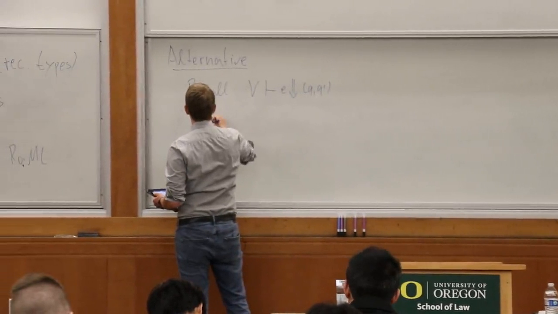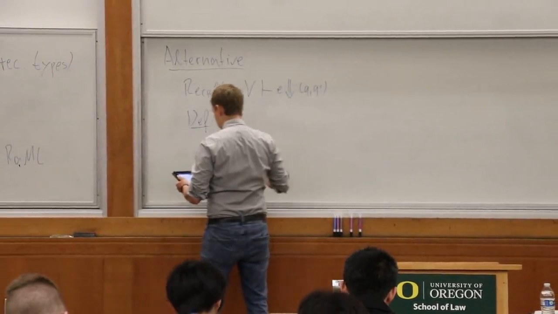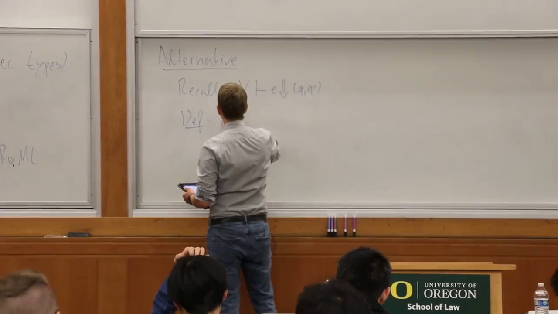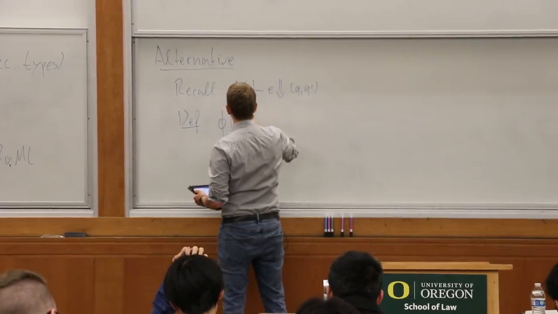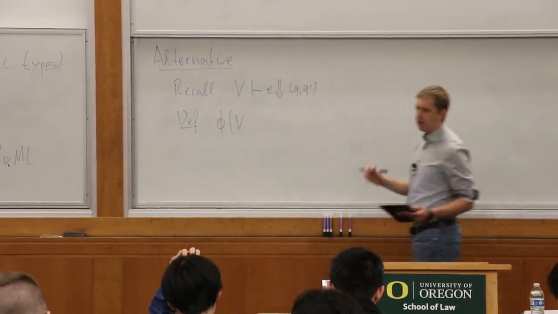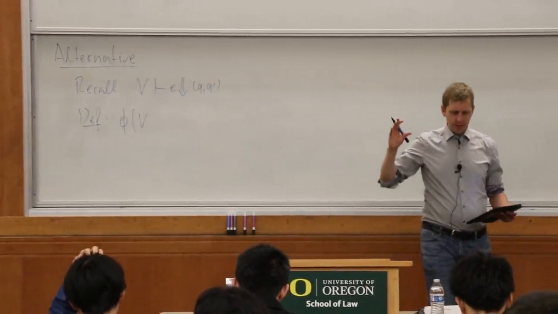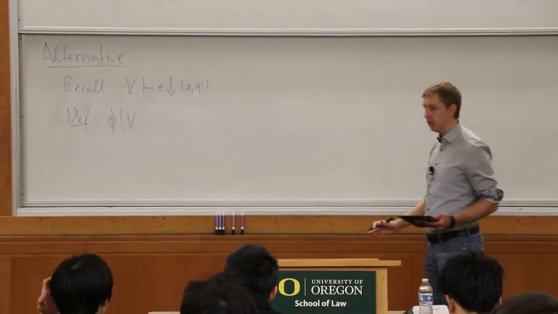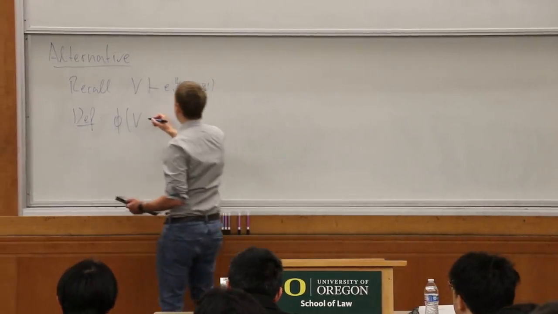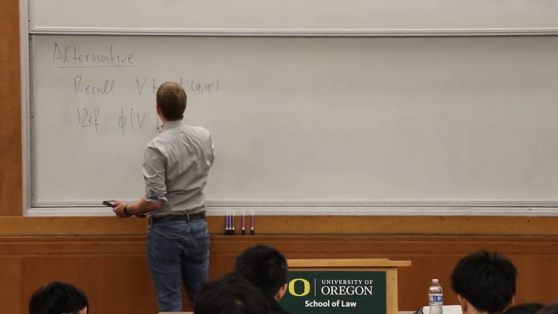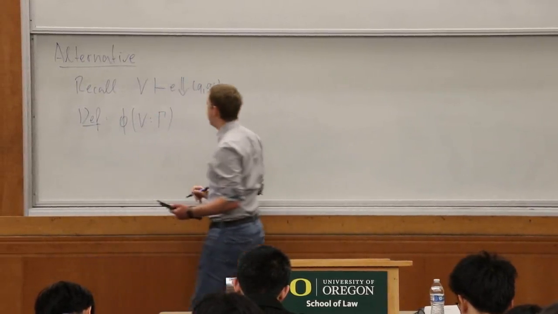So then we need one short definition. We define the potential of an evaluation environment. Remember, this evaluation environment maps variables to values. So we say the potential of the environment under context gamma.